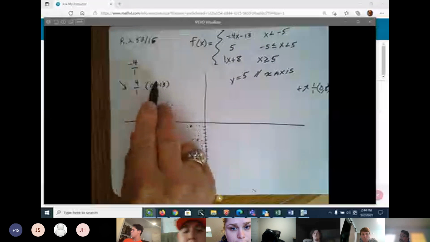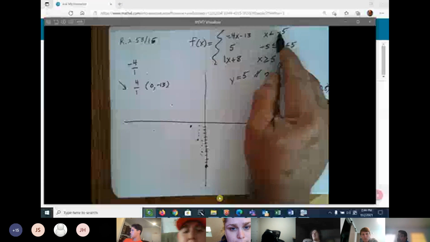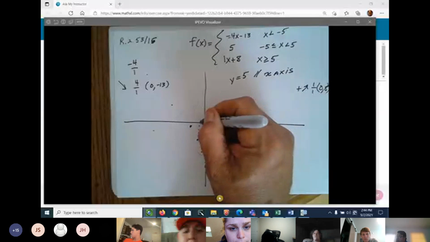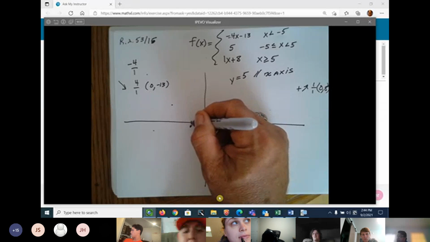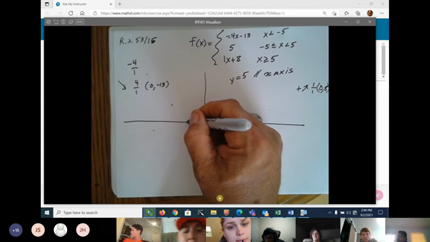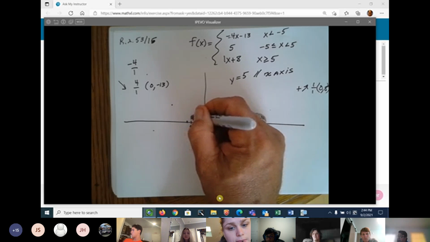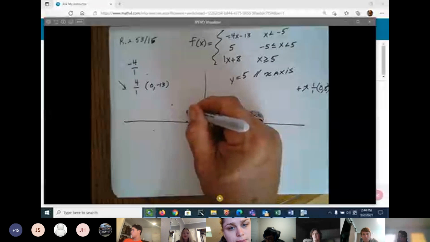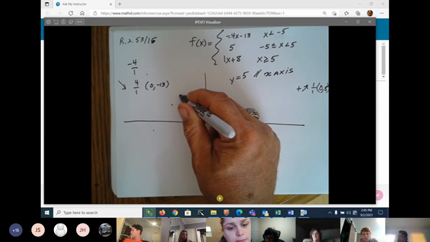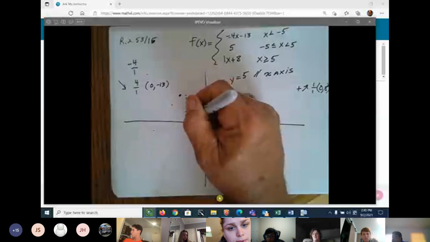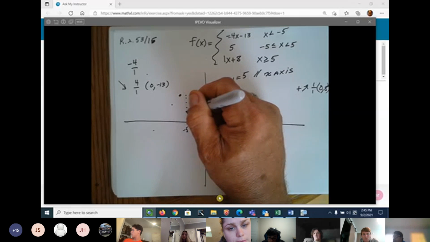And it says that we can use anything less than negative 5. There's negative 5. All right, so I can go from negative 5. I can use those numbers.